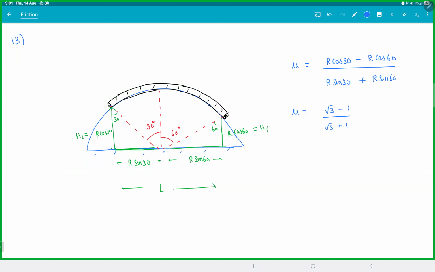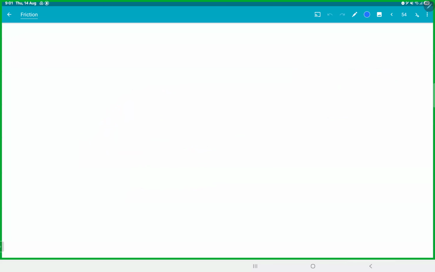Next one. This is another good one. We have a fixed rough cylinder.